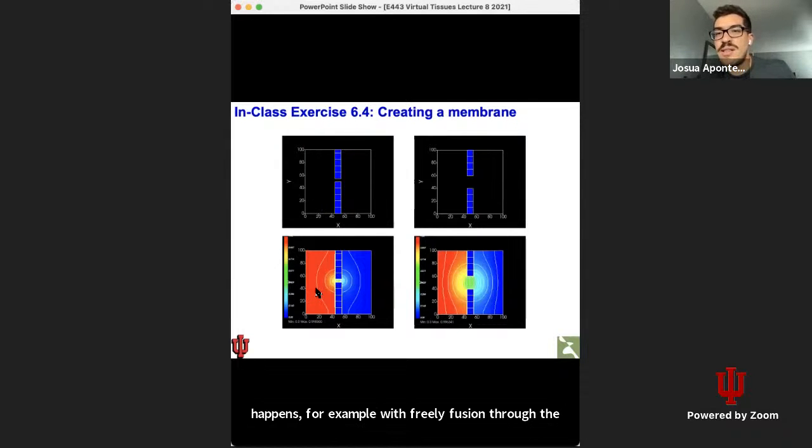And we showed that the concentration profile depends on the width of the channel. As the channel becomes bigger, the concentration looks more and more linear, and as it gets smaller and smaller, it takes much more time for the molecule to diffuse through that channel.